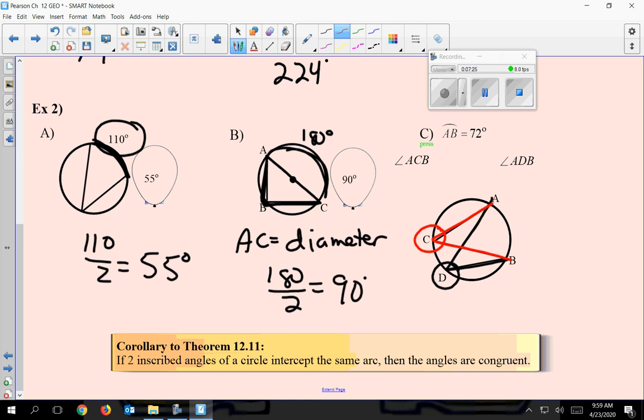Those 2 angles intercept the circle at different points, but they are intercepting the same arc, and that's arc AB. So that corollary to the theorem is saying if you got 2 different angles but they intercept the same arc, then those angles have to be the same. So let's write that out. Angle ACB is going to be congruent to angle ADB.